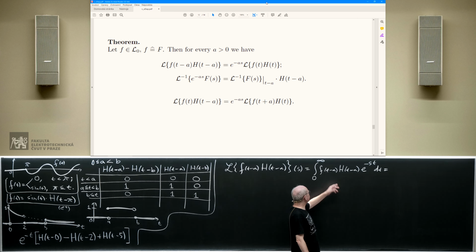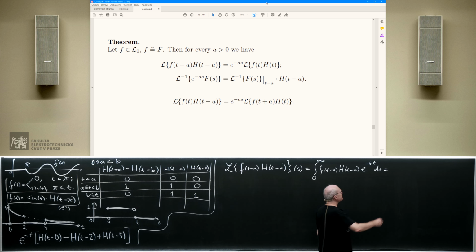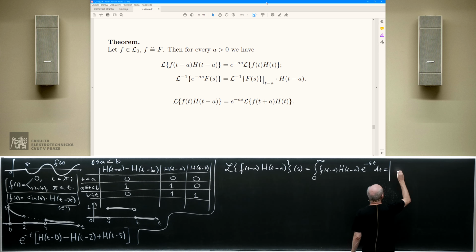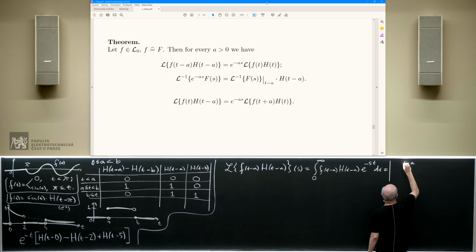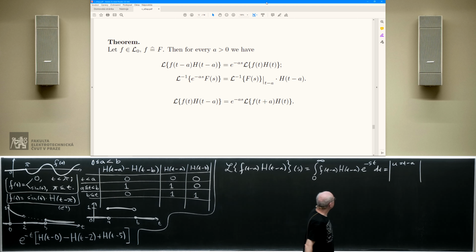And now I'm going to get rid of those shifts using linear substitution. So this should be easy. I take t minus a, and I call it, let's say, u. I didn't have any u here today yet. Okay, let's work it out.